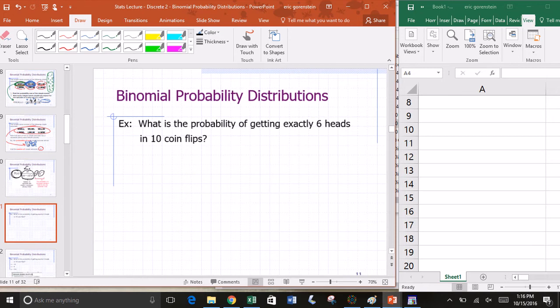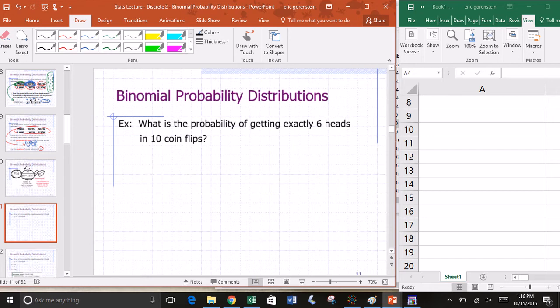Fixed number of trials. Yep, there's 10 flips, so 10 trials. Trials are independent. Yep, the result of any one flip doesn't affect the next flip or any other flip. Probability of success is constant. Well, if getting a head is success, then the probability of getting a head is 0.5 every time.